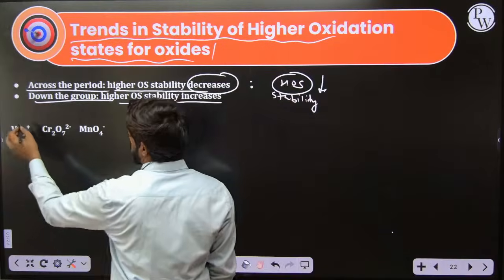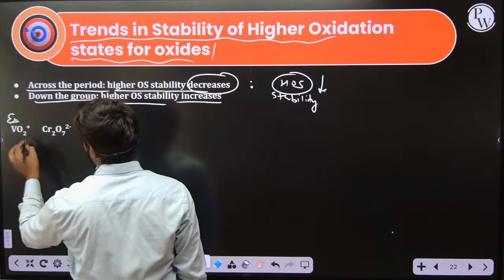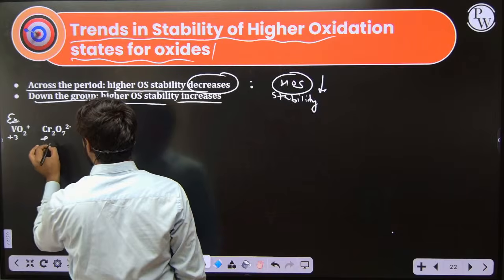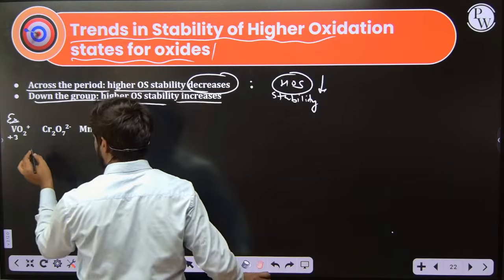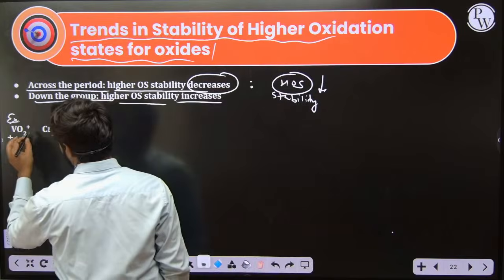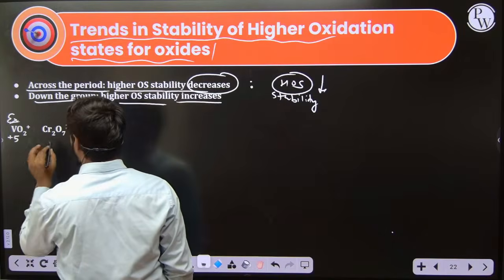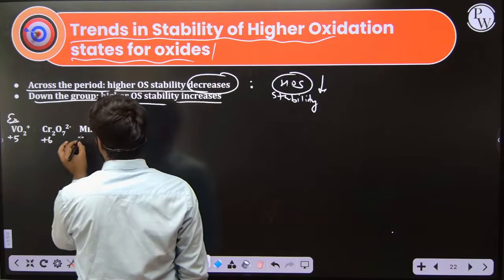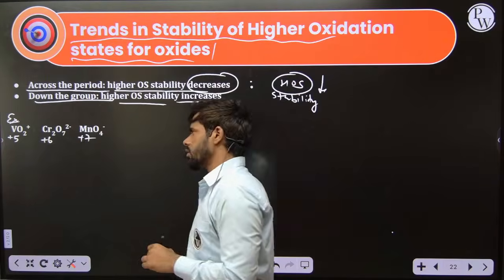For example, this compound is given: vanadium 5+, chromium 6+, and manganese 7+.